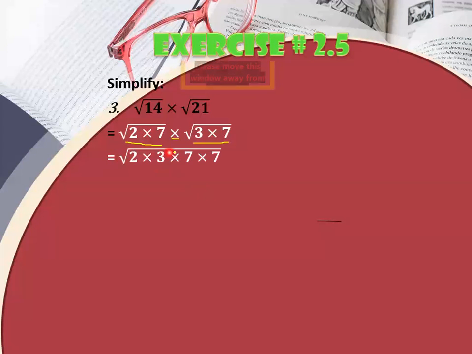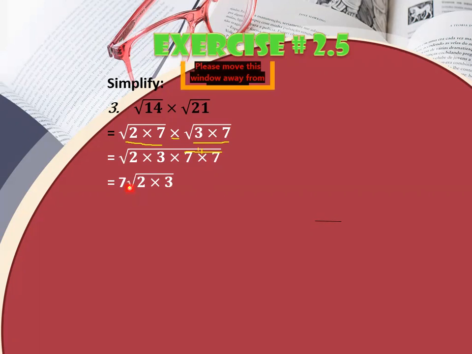You will write under root 2 multiplied by 3 multiplied by 7 multiplied by 7, written in ascending order. As you can see here, you can make a pair of this 7. Only one pair of 7 will be formed, so this pair will be cancelled with the square root and 7 will come out.